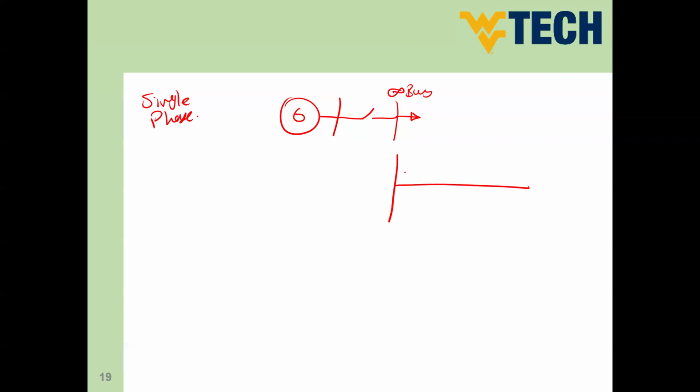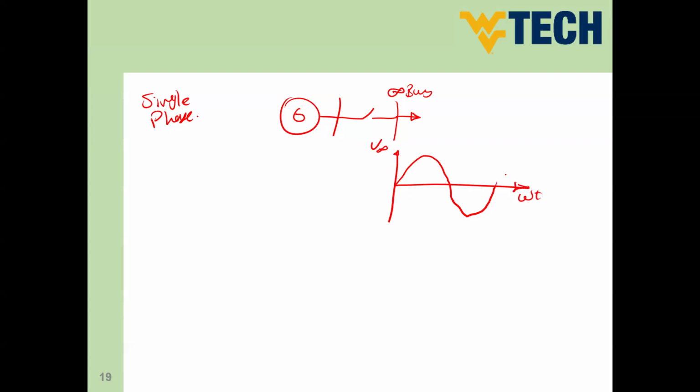Assume that we have an AC supply. So this is our generator here. And I have a switch. And I would like to connect that to the infinite bus. Let's assume that I have a single phase. If the infinite bus supply is this sinusoidal wave, so I'm going to say this is V infinite.